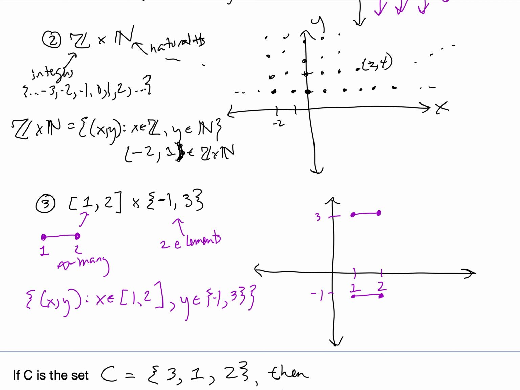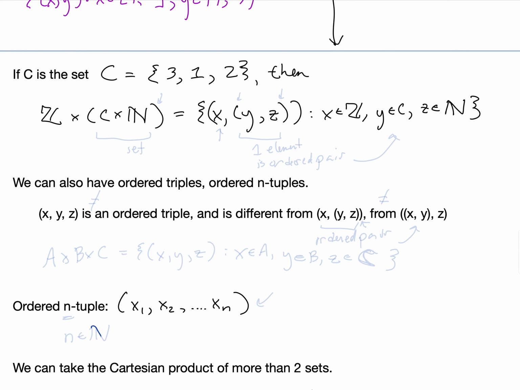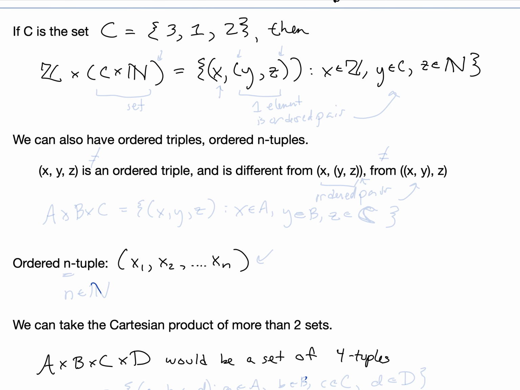Here's just another example of a Cartesian product of 2 sets. So Z cross the Cartesian product C cross N. Here, this is a set, and it is also the Cartesian product of 2 sets. So that's the set of ordered pairs of the form x comma y, cross Z. So this is one element, and that element is an ordered pair.